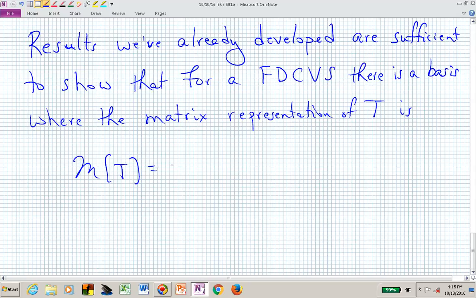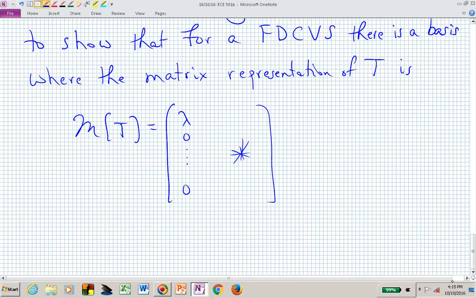The matrix representation of T has a lambda, and underneath that lambda, they're all zeros, and everywhere else, I'm going to be using this star to mean that that represents anything arbitrarily can be in any of those other locations. This is what I'm defining to be arbitrary.